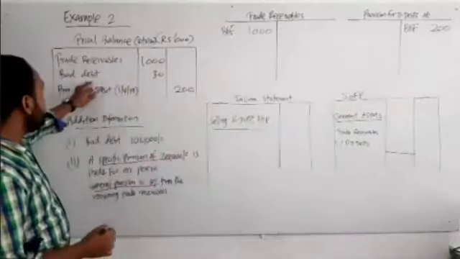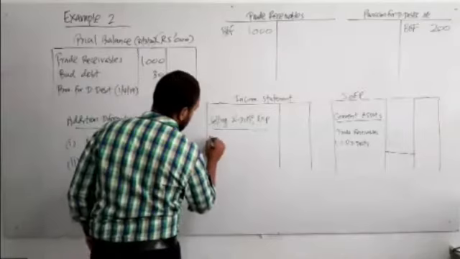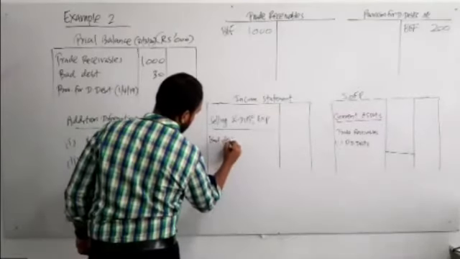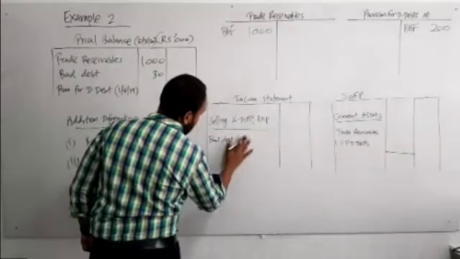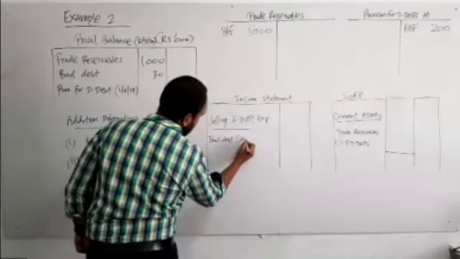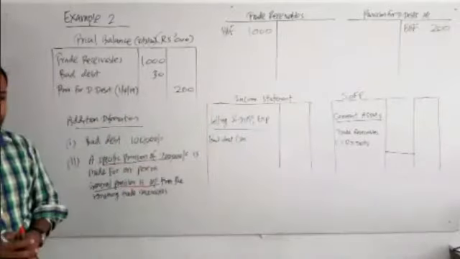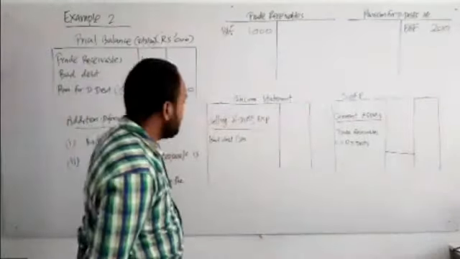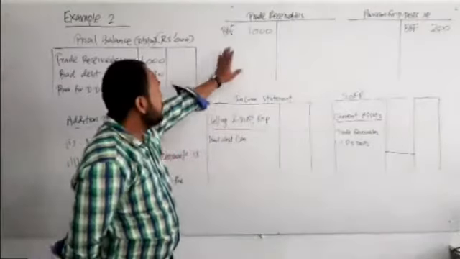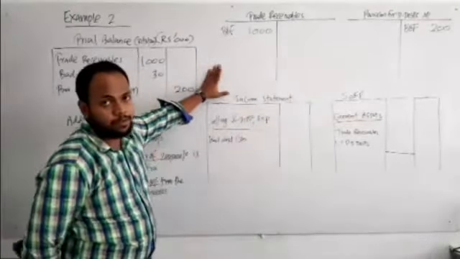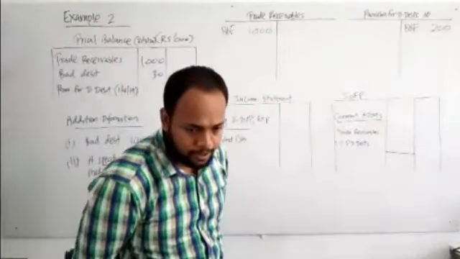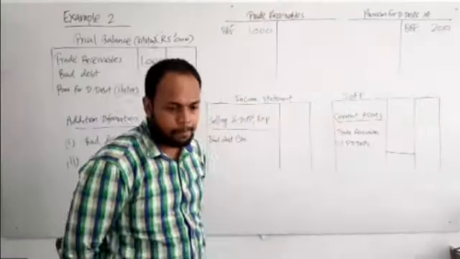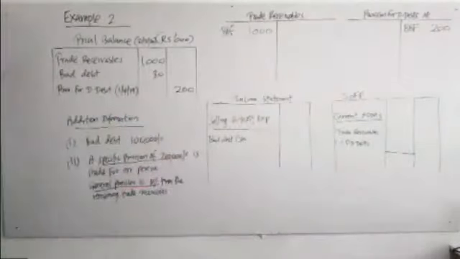Already there is a bad debt of 30. I didn't prepare an account, I directly take the balance into the income statement. So these are the balances given in the trial balance.